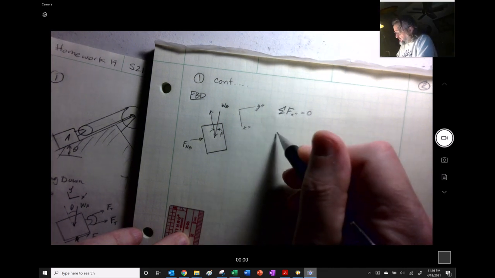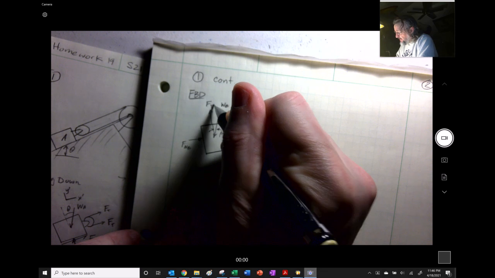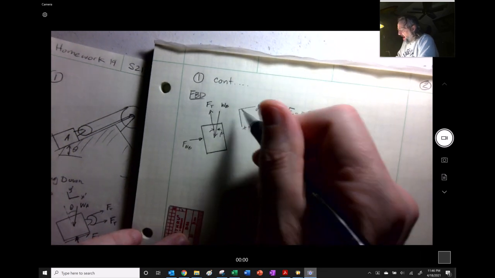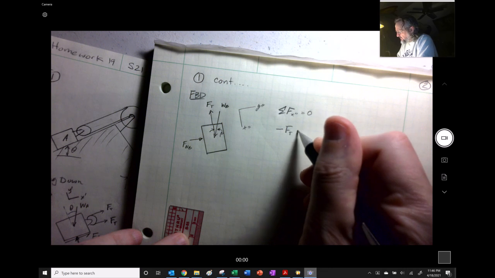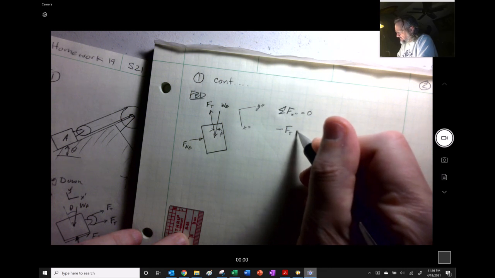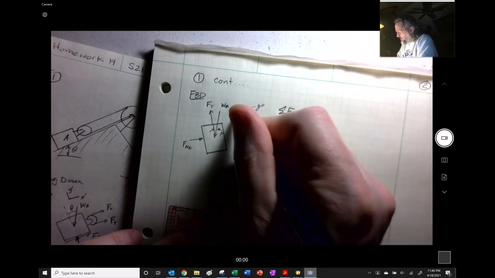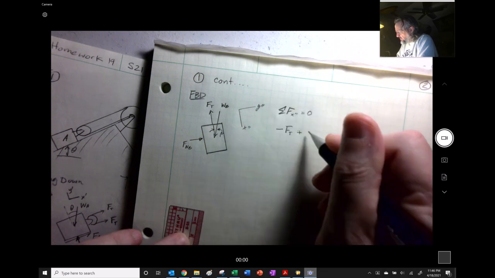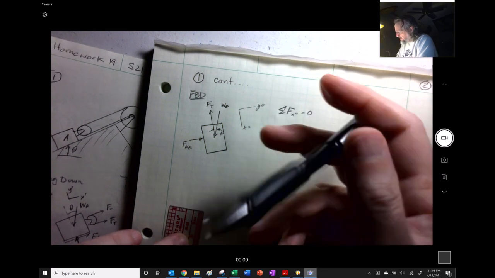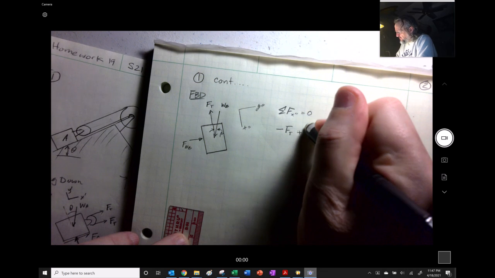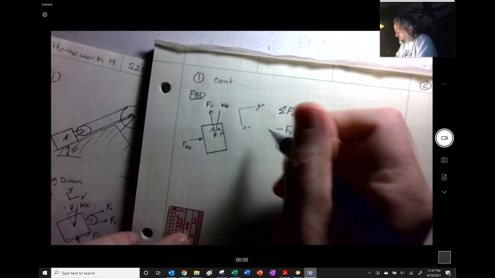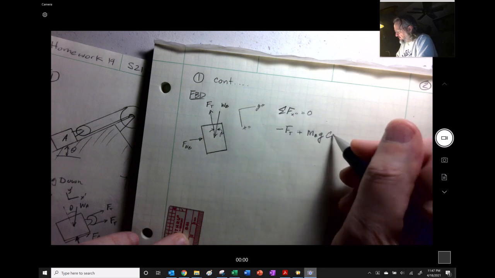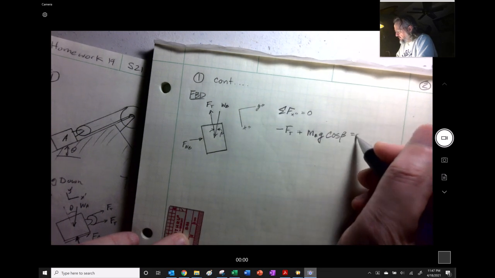So we look at this and we say, okay, well, I need FT. So negative FT, and then plus WB, which is actually mBg, but that's going to be the cosine of beta equals 0.